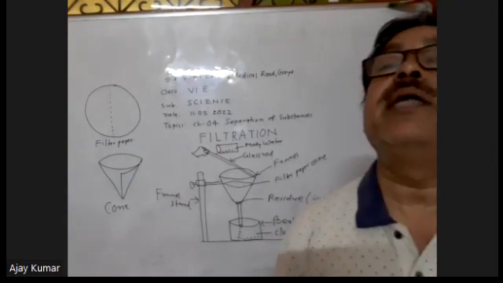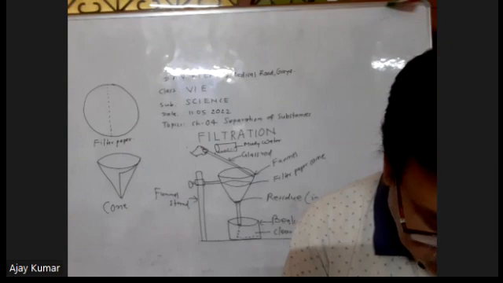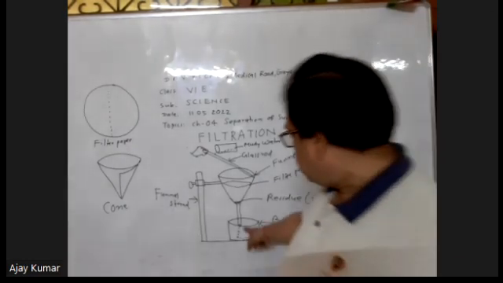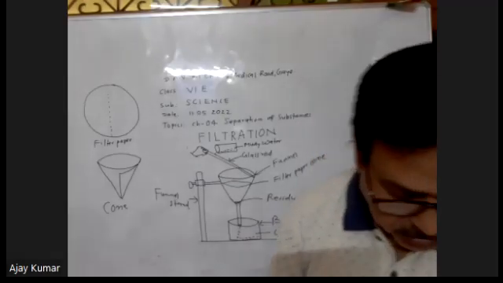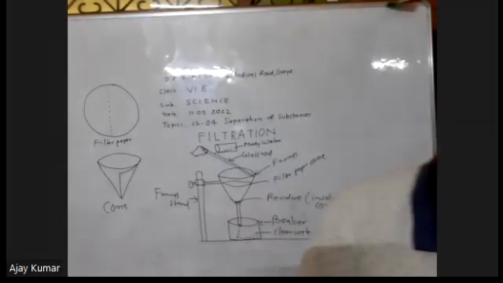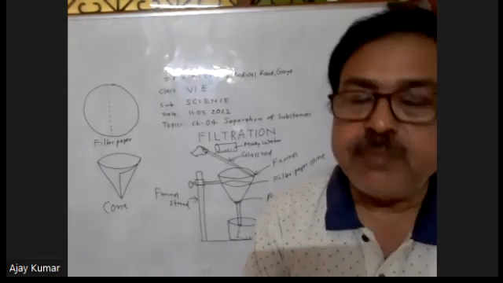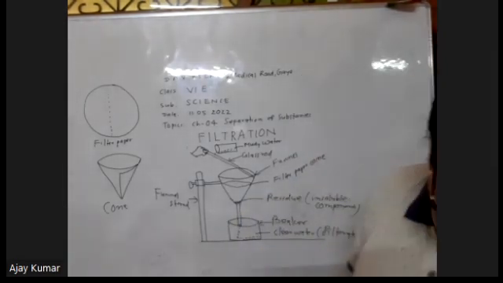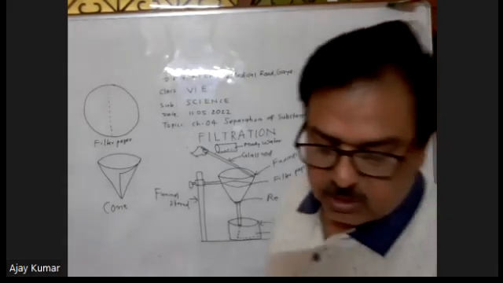Now you will see here that when a clean beaker is placed below the funnel, the tip of the funnel should be within the beaker. This is the tip of the funnel, inside the beaker placed on the table. Clean water passes through the pores of the filter paper and gets collected in the beaker kept below the funnel. So this clear water is called filtrate.